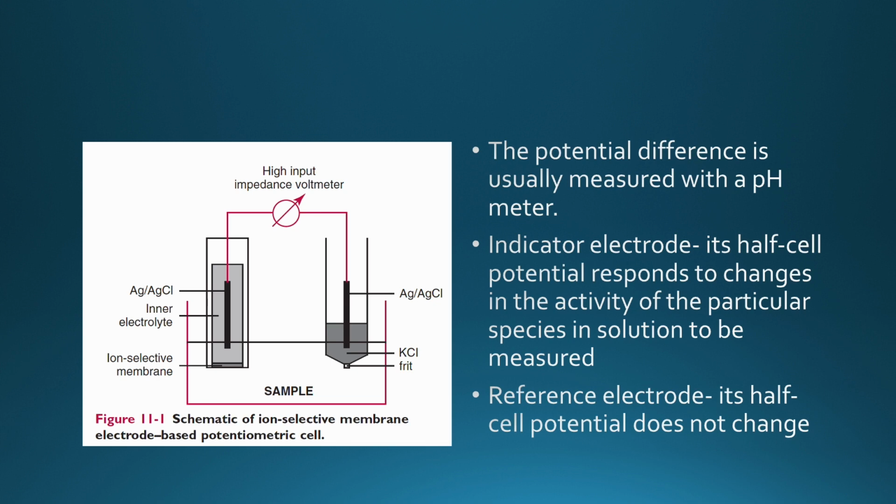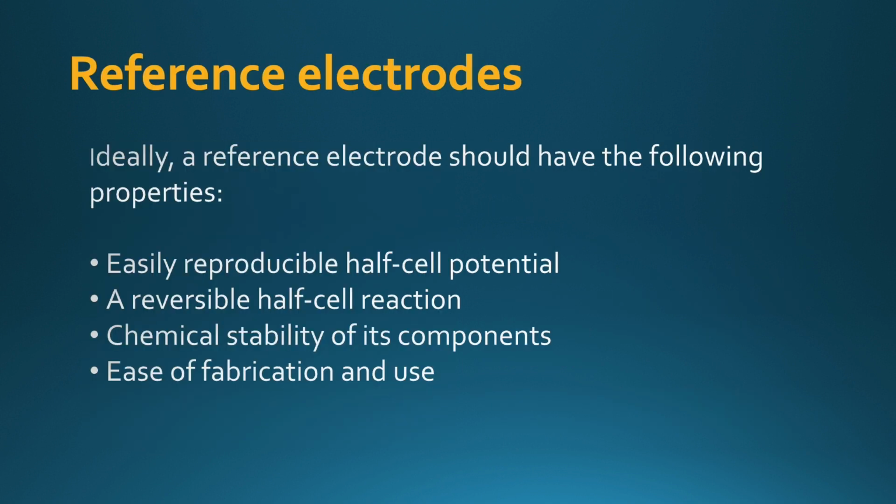One is called the indicator electrode, and this is one of the important electrodes whose potential changes in response to the change in the concentration or the activity of the analyte of interest. While the reference electrode, the one here, is a half cell whose potential doesn't change. Okay, so the difference will be basically due to a change in the indicator electrode potential.